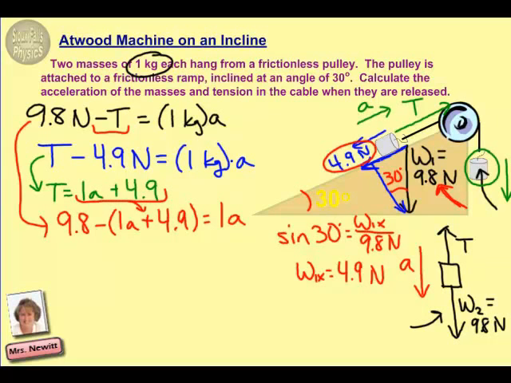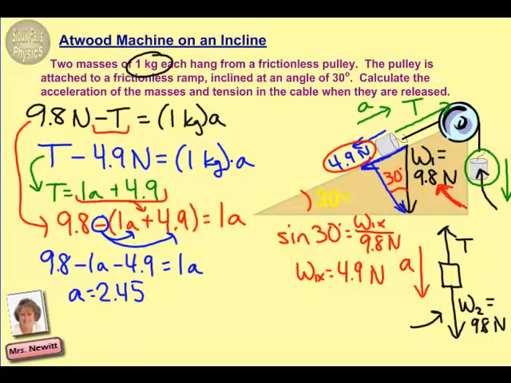That is equal to 1a. And now we can do a little bit of algebra. Notice that this subtraction sign over here then needs to be distributed to the 1a and the 4.9. So we got 9.8 minus 1a minus 4.9 is equal to 1a. Solving that, we get an acceleration of 2.45 meters per second squared.